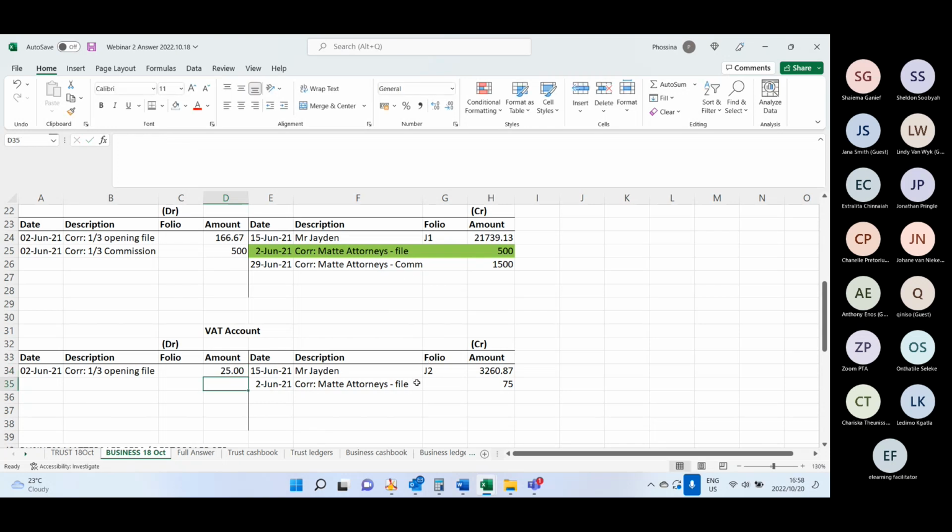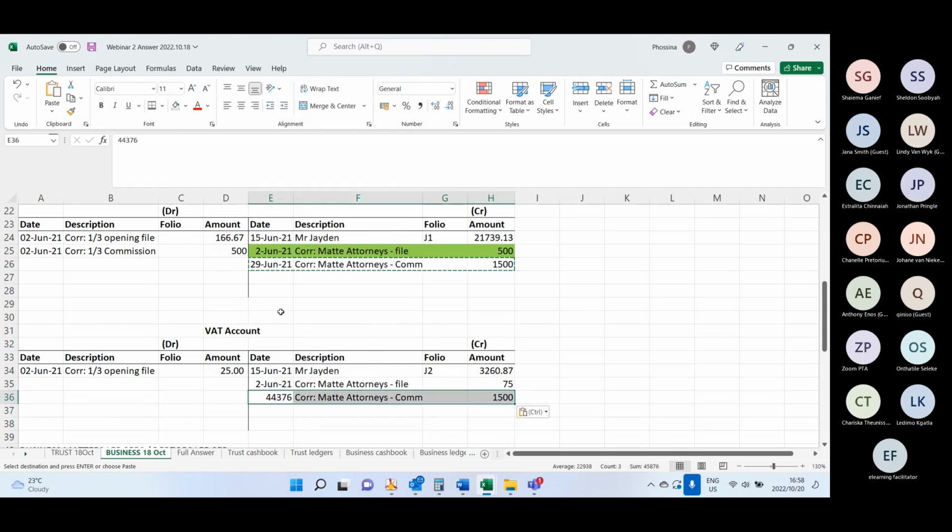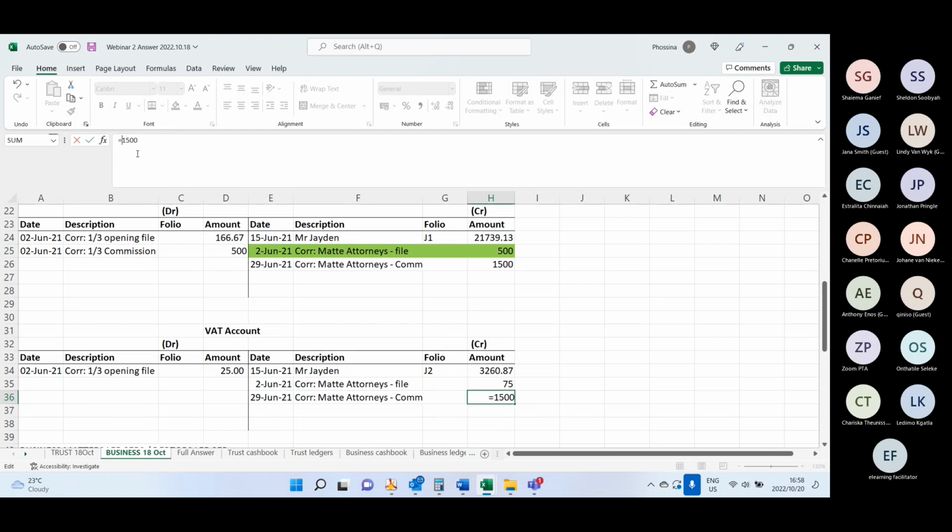So that is the VAT component that we are giving them. And also on the commission it is the same. We need to account for VAT. Sorry for that, I had not accounted for VAT. So in your assignment, make sure that you account for VAT. 15%, you add it to our fee and it goes to the VAT account.